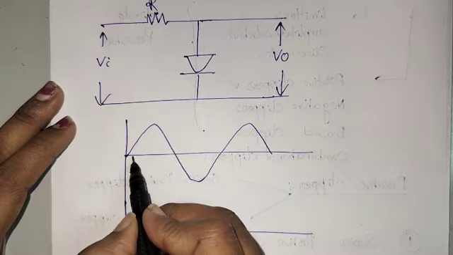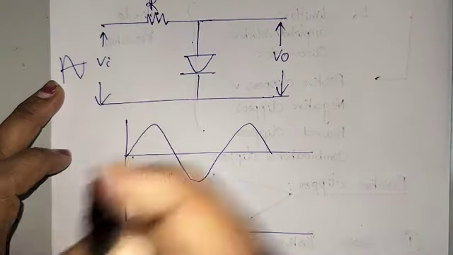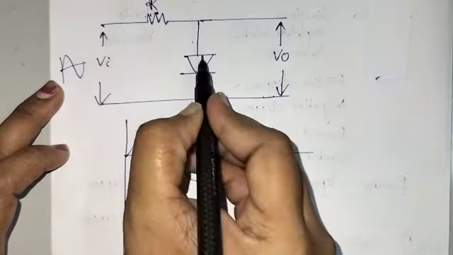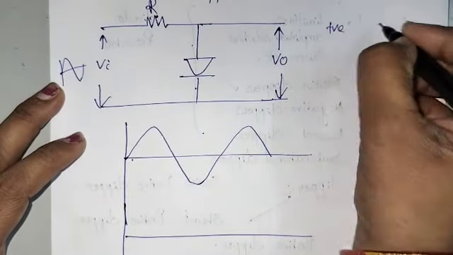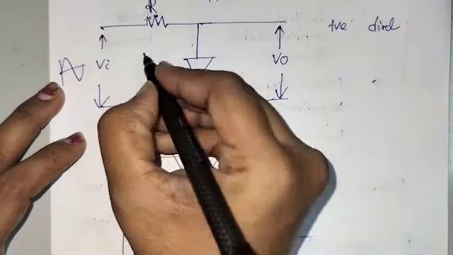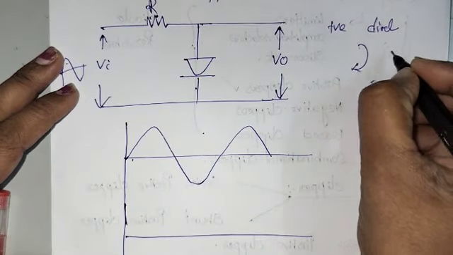So for the input positive cycle, the diode is forward biased and the diode conducts. For positive half cycle, the diode conducts. So the diode conducts and acts as a short circuit.